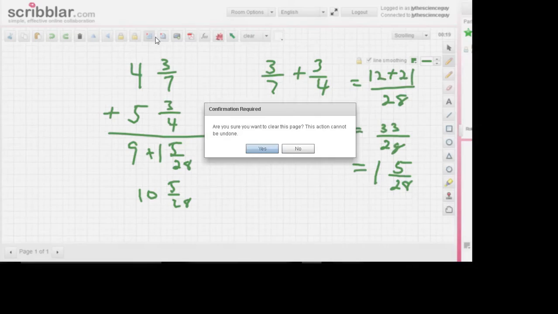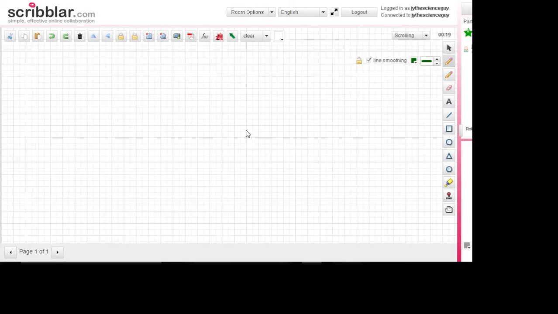So now let's write up your question. 5 3/4 plus 3 3/8. I'm going to show you another way to do this. I want to make these two numbers the exact same.